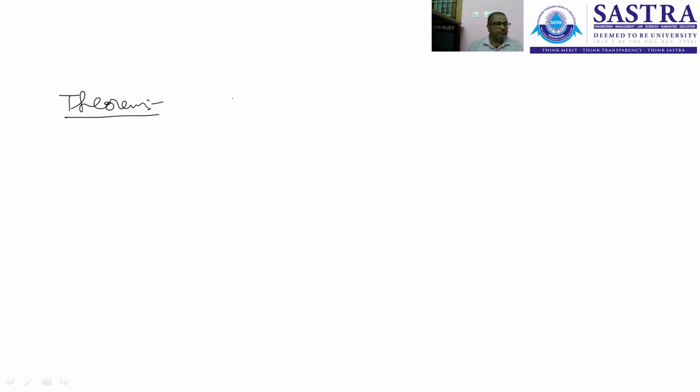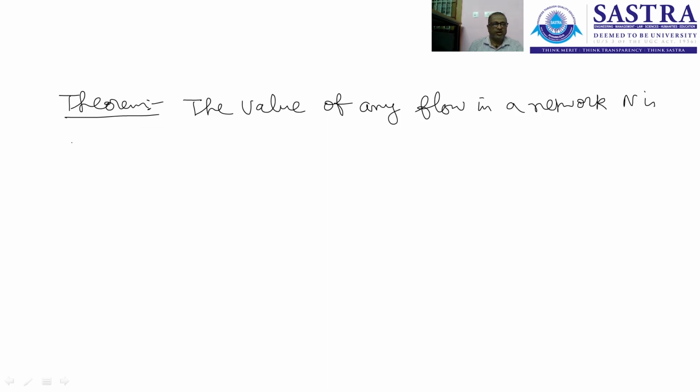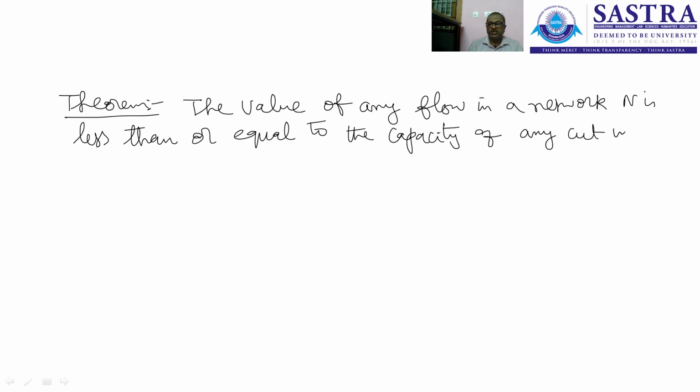The first theorem that we will be proving is that the value of any flow in a network N is less than or equal to the capacity of any cut in the network. So this will be the first result that we will be proving.